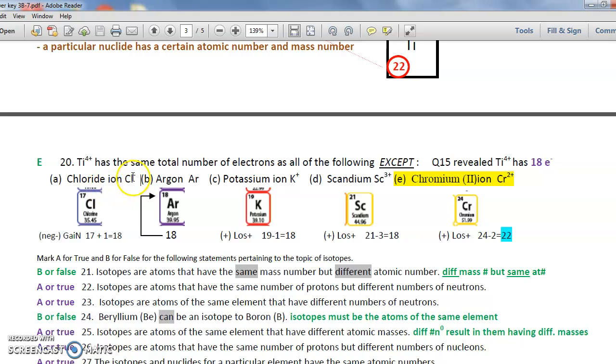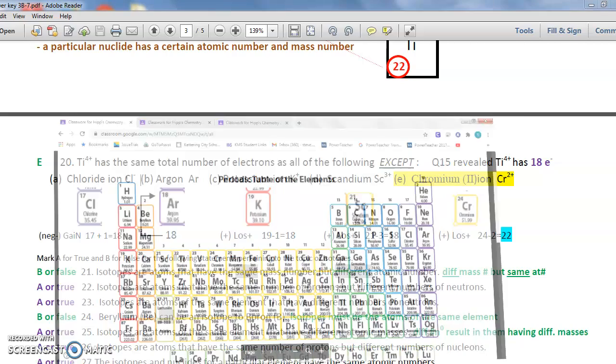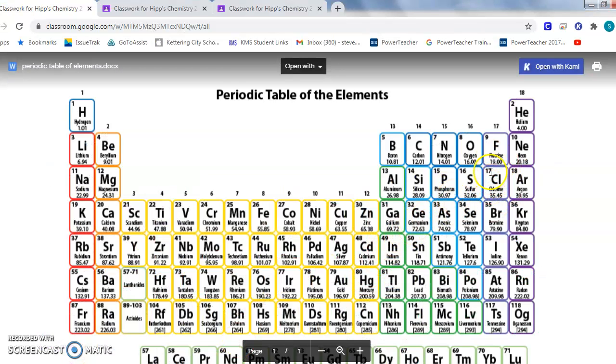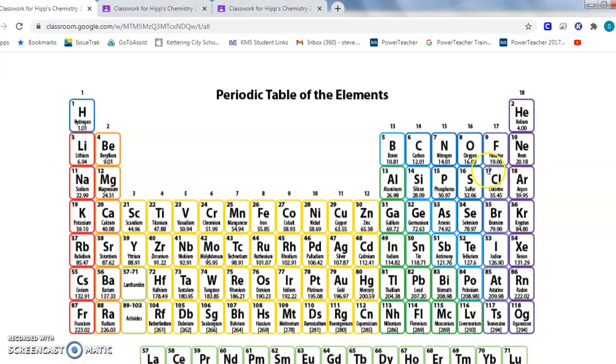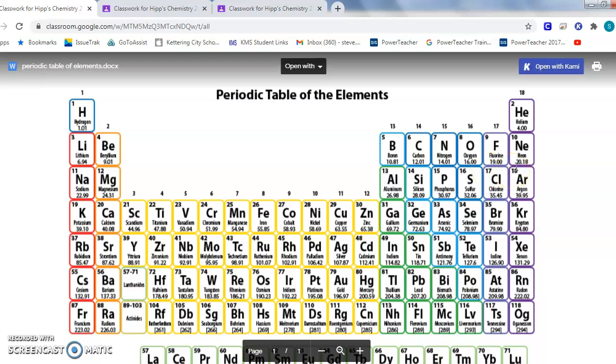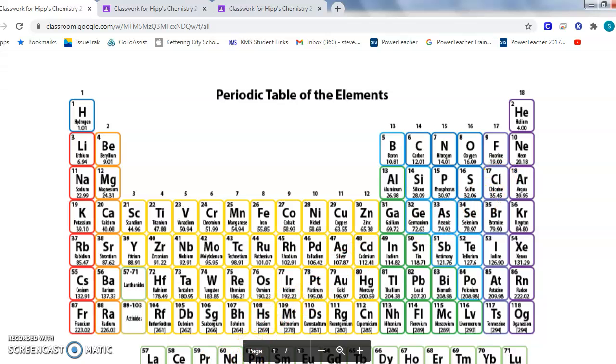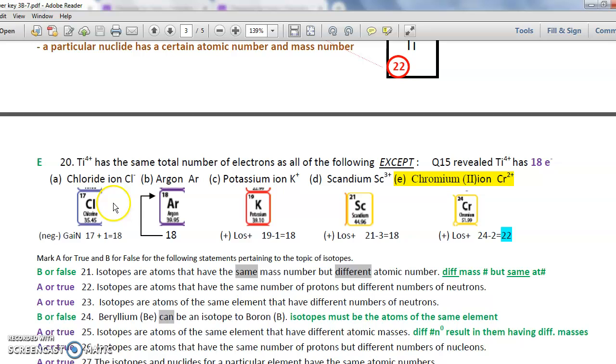If it's 1 minus, it's gained a negative electron. 17 and 1 is 18. Would it make sense that chlorine would want 18 electrons? Chlorine starts with 17 protons, therefore it starts with 17 electrons. If it gains an electron, it would have the same as argon. Argon's chemically stable. Yes, Cl minus, the chloride ion, makes sense.